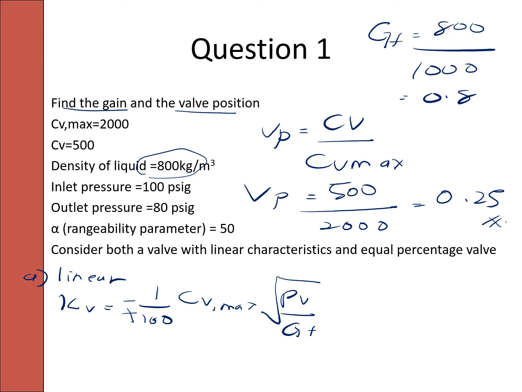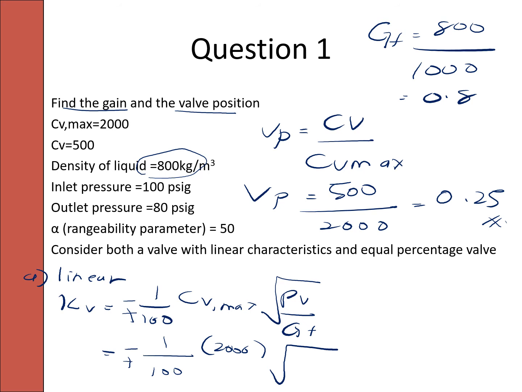Okay, so we insert all the values given. Negative plus 1/100, this is 2000. Delta PV is the inlet pressure minus the outlet pressure. This is the inlet pressure that enters the valve, and this is the outlet pressure leaving the valve.